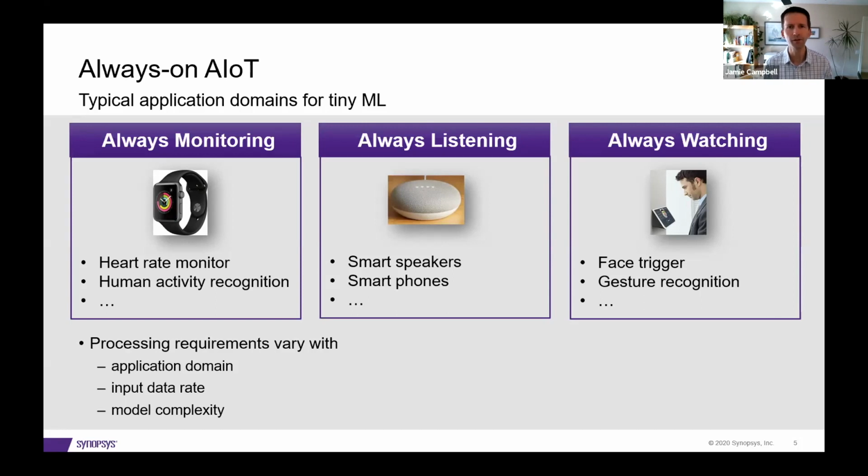Applications which are always listening for keywords to wake up, or other applications which are always watching, detecting the presence of a person, a face, or those sorts of things. So the processing requirements vary. A few factors there, of course: the complexity of the model, the type of input, your frame rate, and those sorts of things. And of course, on the vision side, something that's always watching tends to be more demanding in terms of processing than the others.